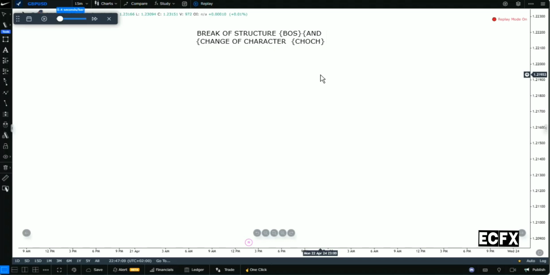So let me not take too much of the time. A break of structure or a change of character is essential for identifying market structure, right?